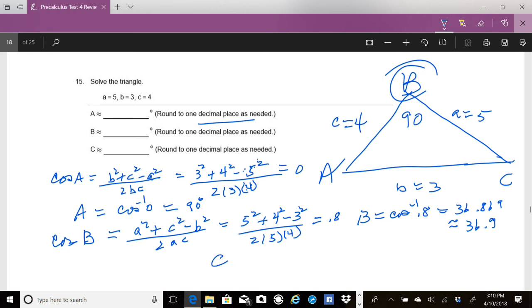And then finally, C, just take 180 and subtract the other two: 180 minus 90 minus 36.9 is equal to 53.1 degrees. So our angles are 90 degrees, 36.9, and 53.1.